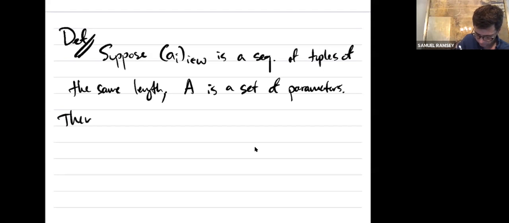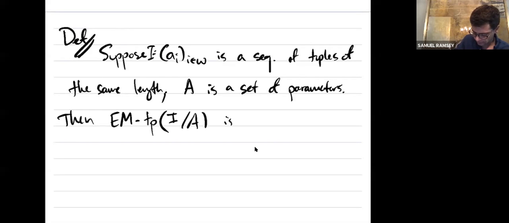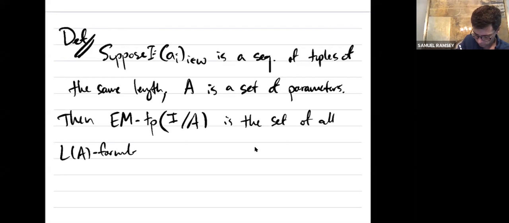Then the EM type, let's call this I, just for simplicity. The EM type of I over A is the set of all L_A formulas. So this notation means that it's the formulas in the language that have parameters coming from A.